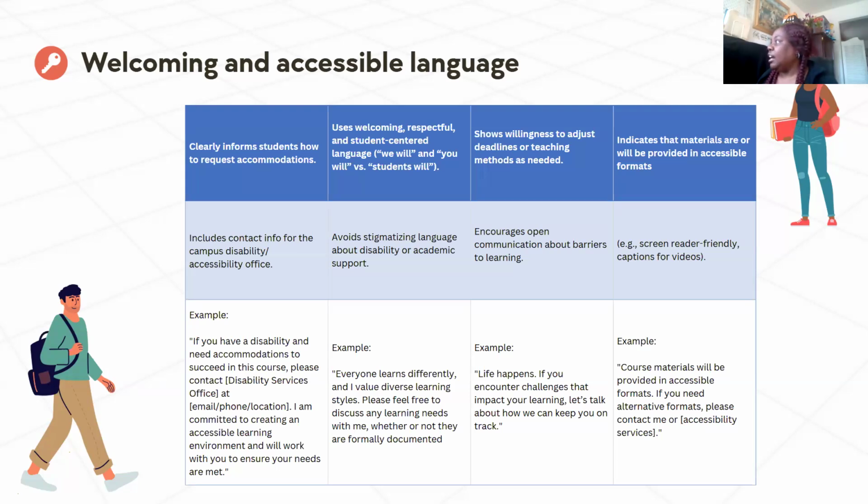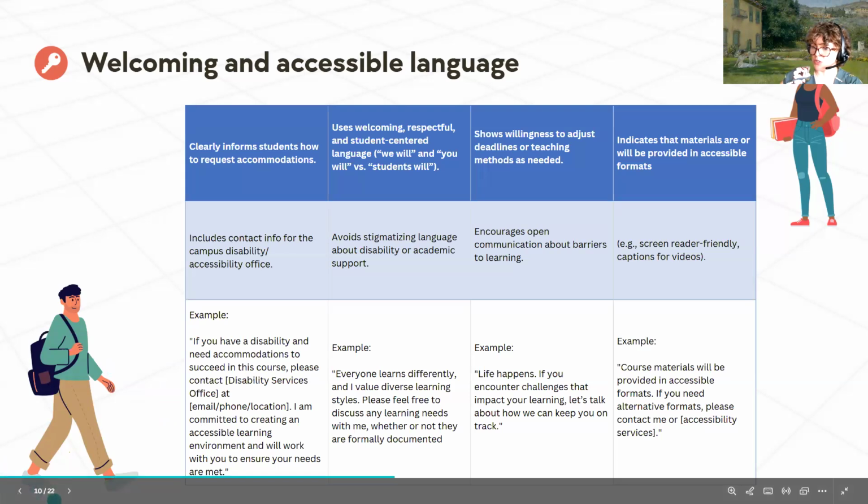If you need an alternative format, please contact me or the accessibility office, but you'll contact me first, and I will make sure I get that for you. And I know oftentimes, thank you, Lynette, you're notified by the Office of Accessibility about those needs prior to the course start date.